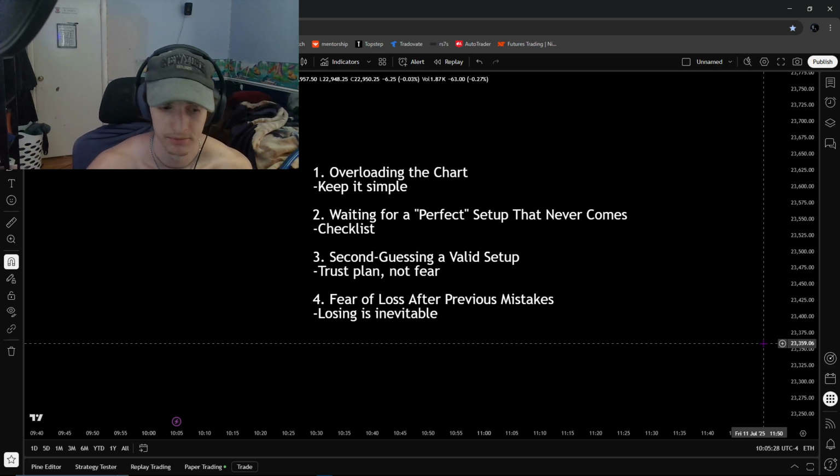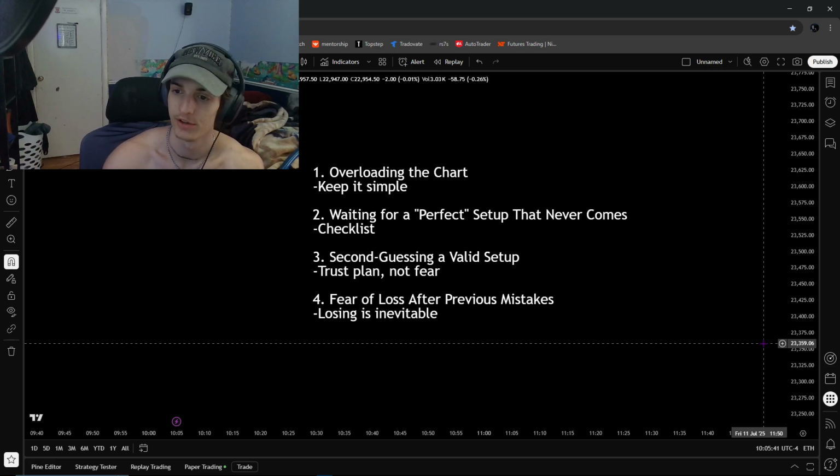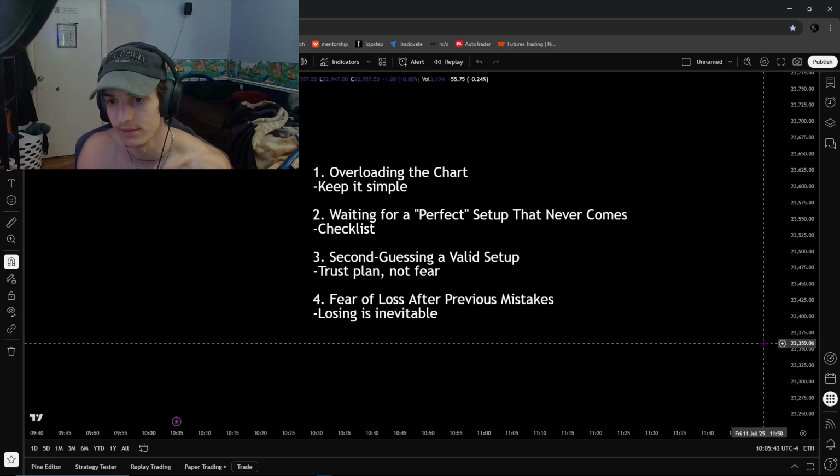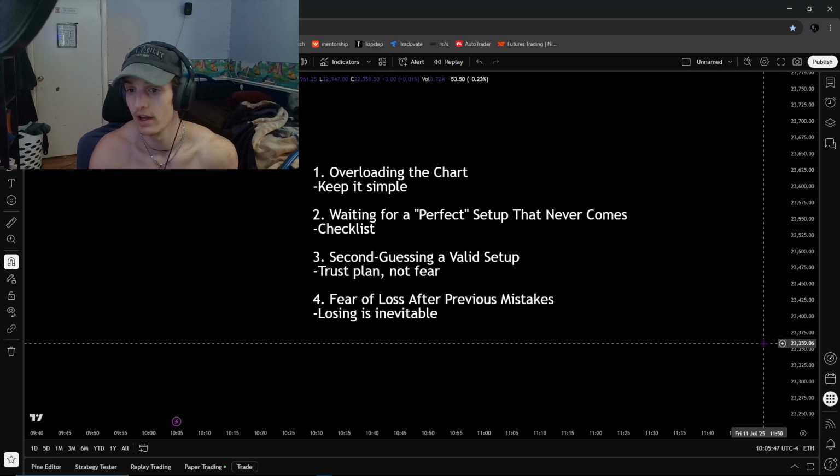Number 3, second guessing a valid setup. Now, a lot of you will see your checklist play out. You have everything you need. You're not about to trade before news. You got your high time frame liquidity sweep, SMT, inverse fair value gap, and you don't take it.